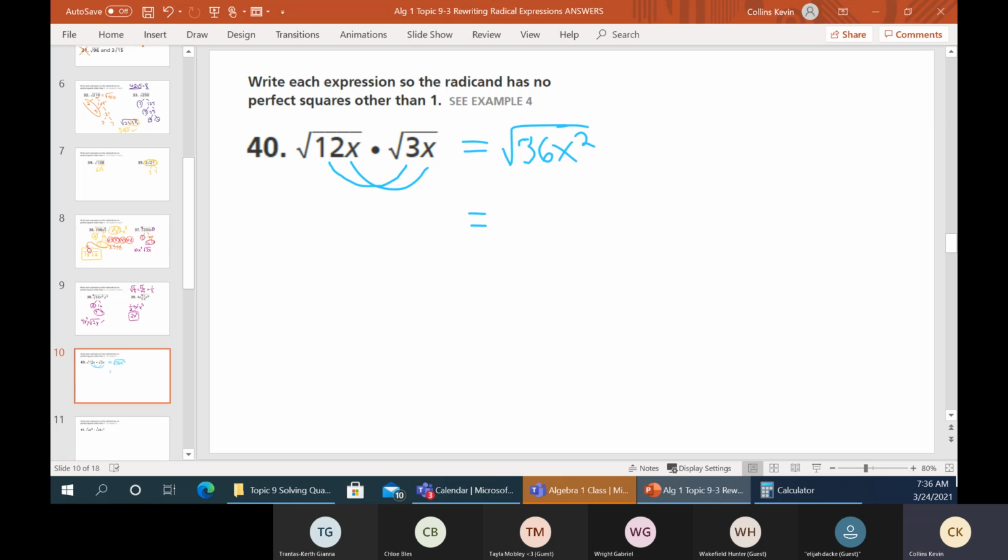36, that's a perfect square, right? Yep, 6 times 6. Beautiful. So then the square root of 36 is just 6.